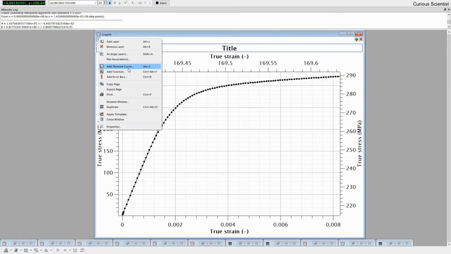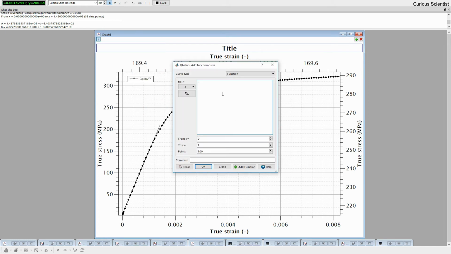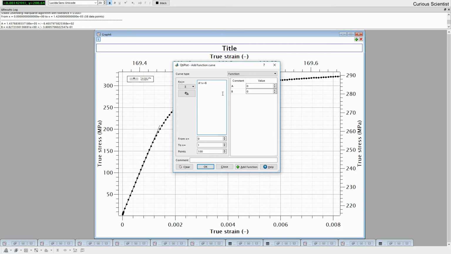I will basically just add a function. I just define a linear function a times x plus b, but in this case I will shift this curve by 0.002, and for the a and b I'm just using the previously obtained a and b.